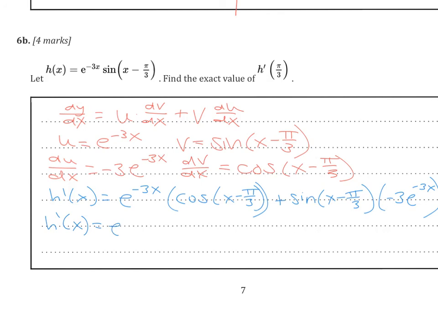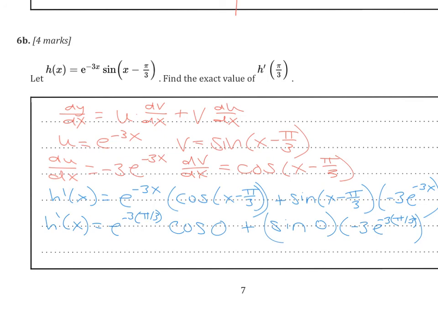So that gives me e to the negative 3 times pi over 3 times cosine of pi over 3 minus pi over 3, so that's cosine of 0, plus sine of pi over 3 minus pi over 3. Well, again, pi over 3 minus pi over 3 is 0. So sine of 0 times negative 3e to the negative 3 times pi over 3.